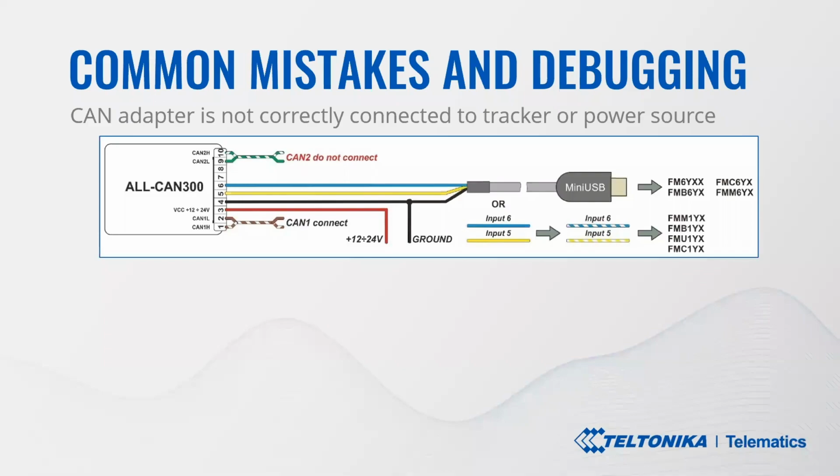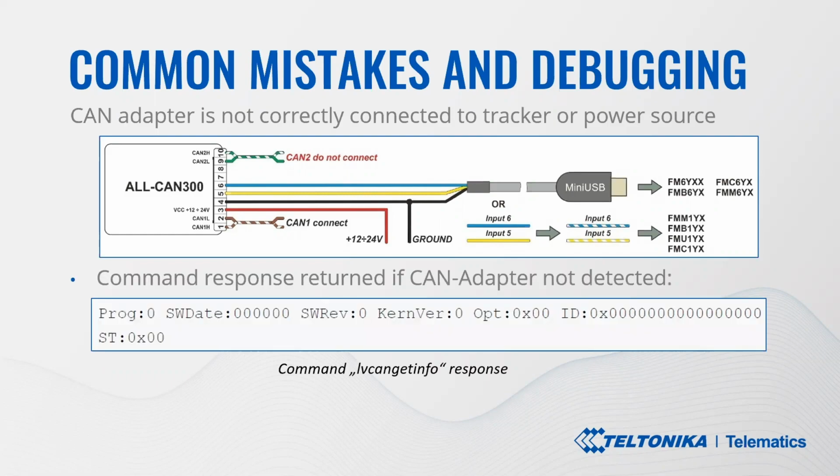Together with this, it is also, of course, important to connect the power source to the CAN adapter and, of course, the ground. If units are not powered or correctly connected to our trackers, the command LVCAN get info will return a response with zeros. This means that no information is coming from the separate adapter.